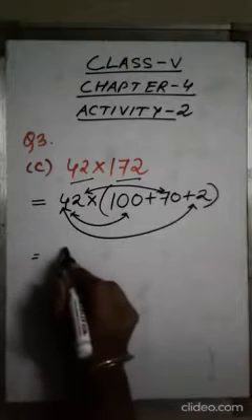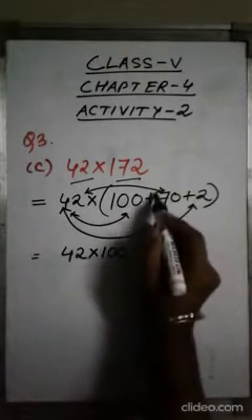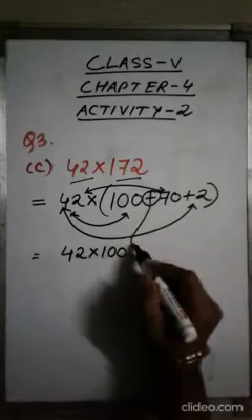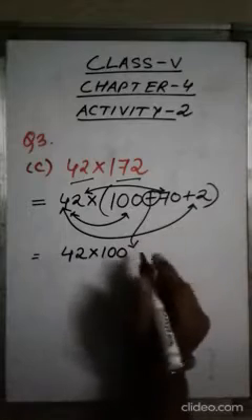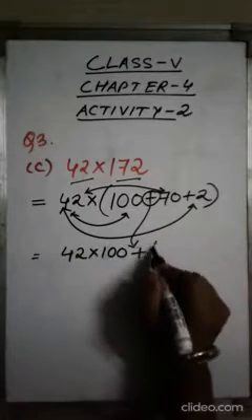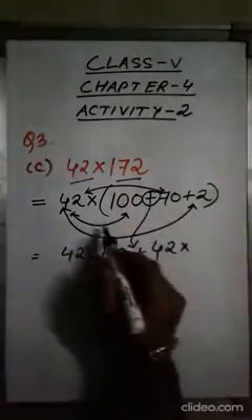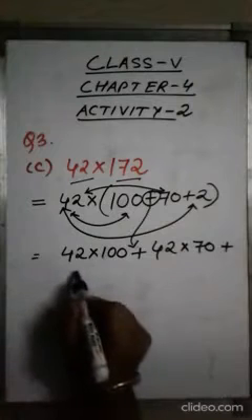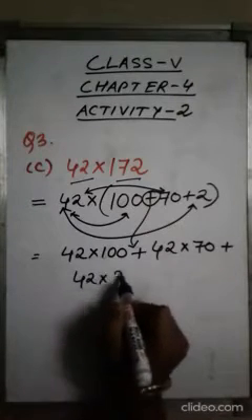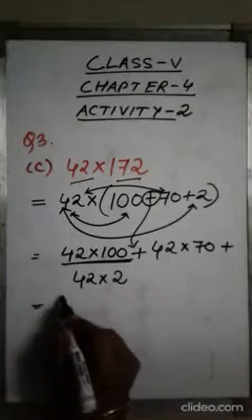You will be writing like 42 into 100. This plus sign you will be writing here, plus 42 into 70, plus 42 into 2. You can do this without any calculation.